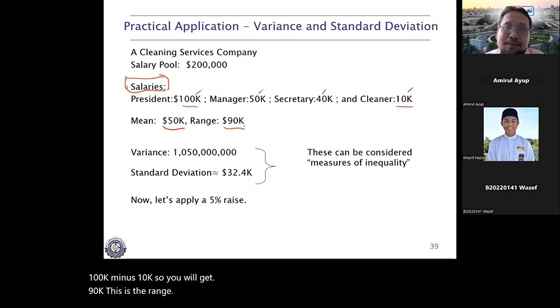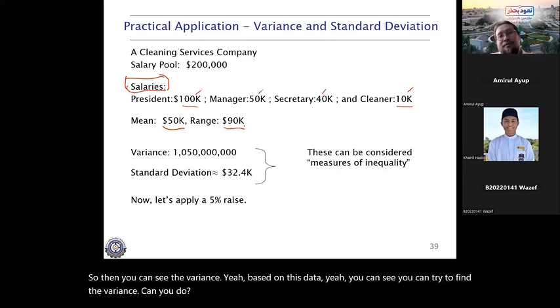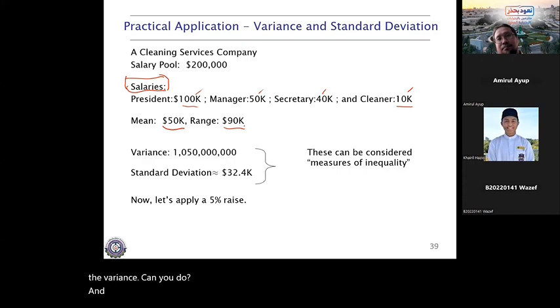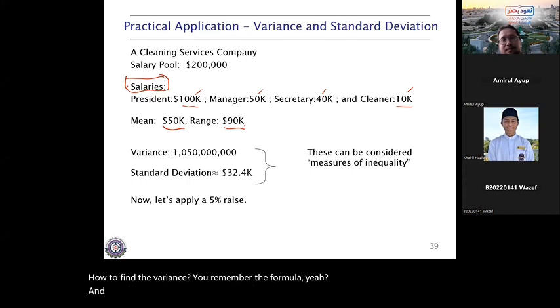Then you can see the variance. Based on this data, you can try to find the variance. You can put it in Excel or count manually: 100, 50, 40, and 10, and find the variance. How to find the variance? You remember the formula, and you know the mean. The mean is 50.